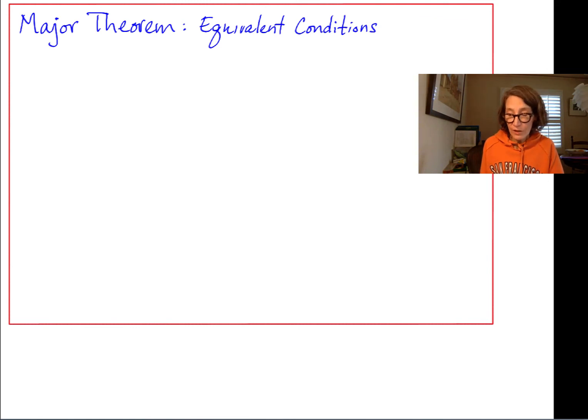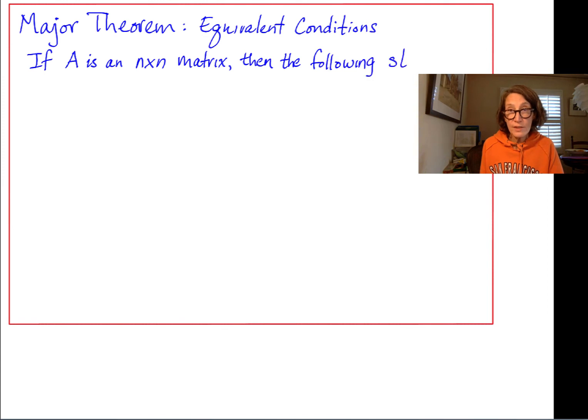It's a list of equivalent statements, equivalent conditions. So if A is a square matrix, then the following list of statements are all equivalent. What that means is that if one statement is true, all the other ones have to be true. If one statement is false, all of the other ones are false.